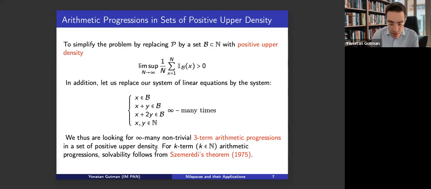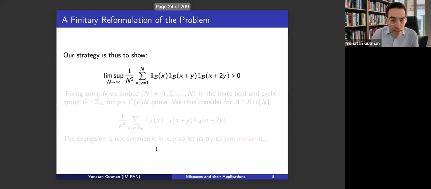And actually, as you can see, for a fixed k we can of course find infinitely many. And so we will now use the strategy which we tried before, which was finitizing the problem and establishing that the following limsup is positive.